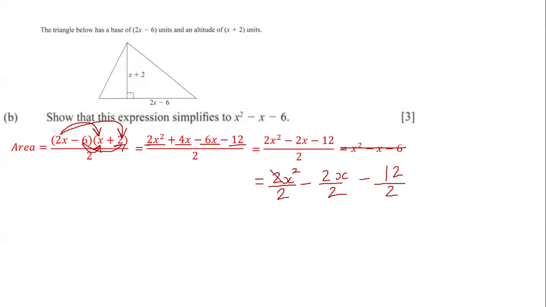We can cancel this x with this x, and that leaves us with x squared. And we can cancel this x with that x, and that leaves us with simply x. And 12 divided by 2 is definitely 6. And so that means that the expression for the area is going to be x squared minus x minus 6. And that's exactly what we have here.